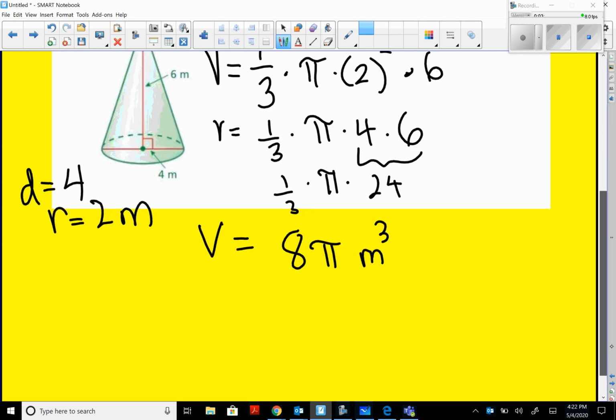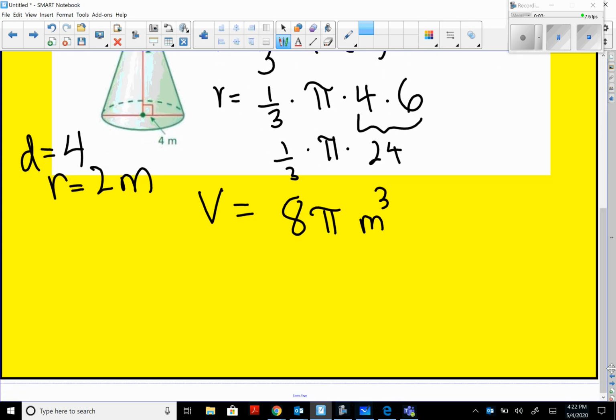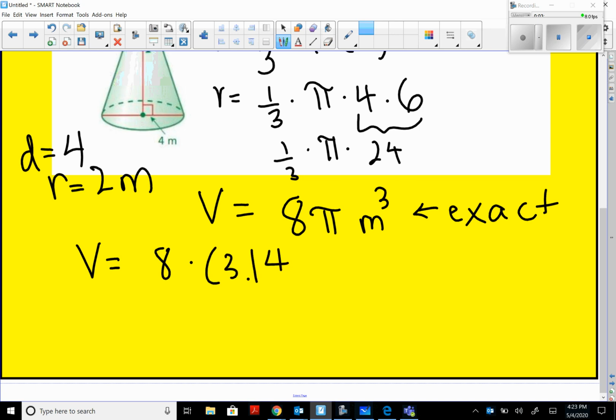Remember, as we did with cylinders, if you're leaving it as an exact answer, you leave the pi symbol in the answer. To get the approximate volume of that cone, let's go ahead and plug in 3.14 for pi. So I'm going to multiply 8 times 3.14, and I get approximately 25.12, but usually we round to the nearest tenth.